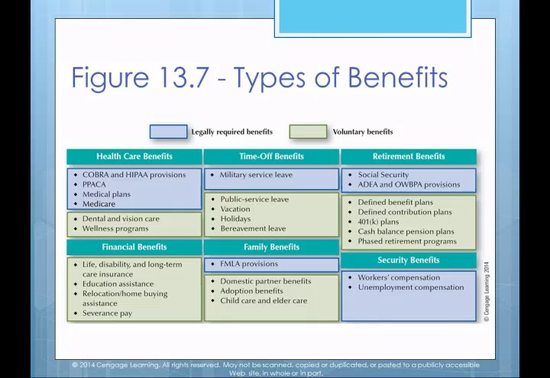So mandatory benefits: COBRA, HIPAA provisions, the new Patient Protection Act, which we've been calling Obamacare, medical plans, Medicare, Social Security, those kinds of things, ADA and OSHA provisions I'll go over, military service leave, FMLA provisions, workers' compensation, and unemployment compensation are all requirements of the government and legally required benefits.